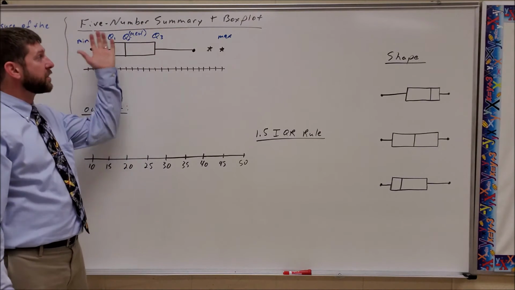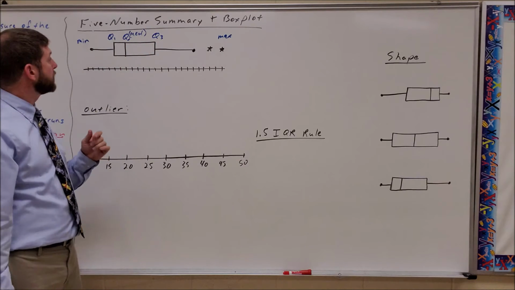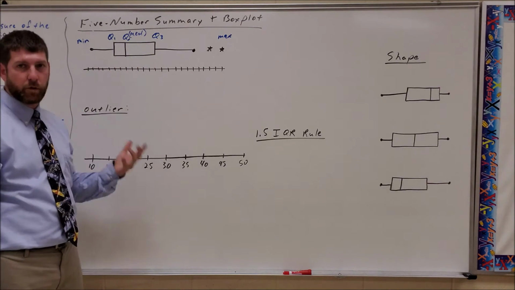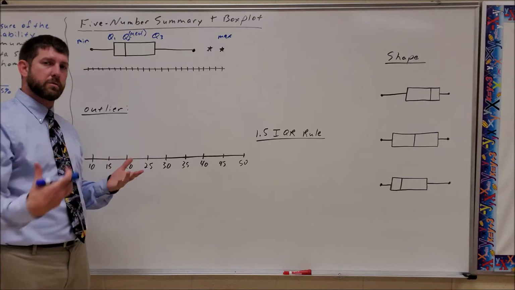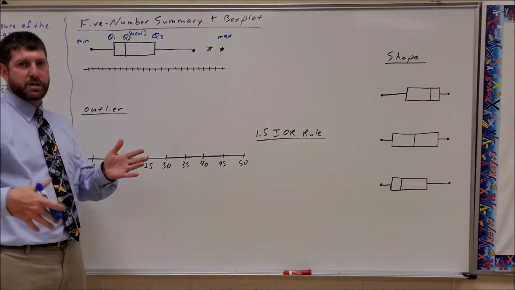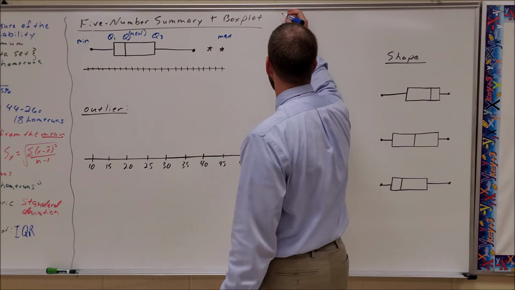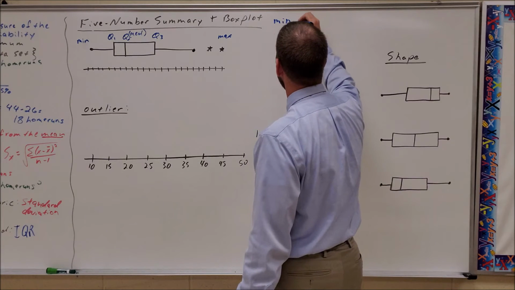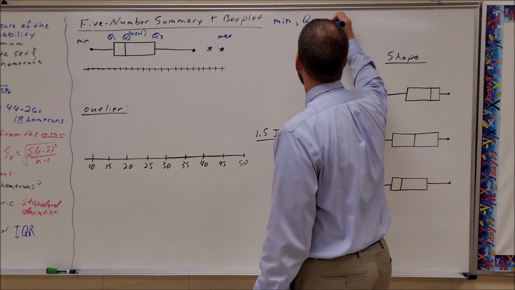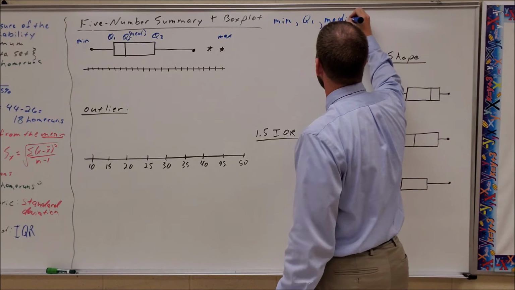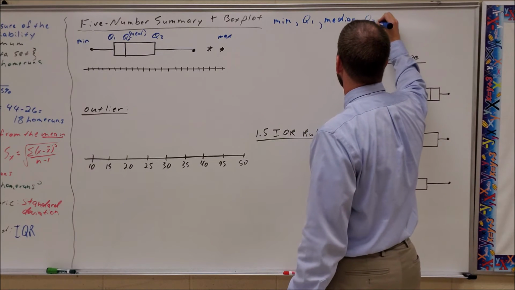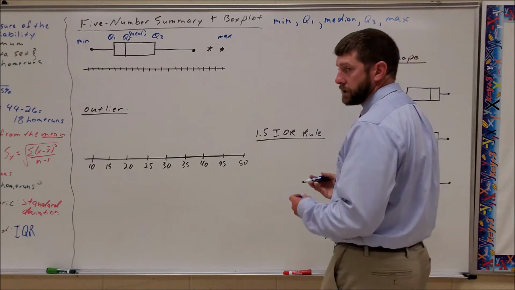The reason we call this a 5-number summary is because these 5 numbers summarize our distribution. They tell us where it starts, where it stops, and where its 25% breaks are, its quarter breaks. So a 5-number summary is nothing more than your minimum, your Q1, your median, your Q3, and your maximum.